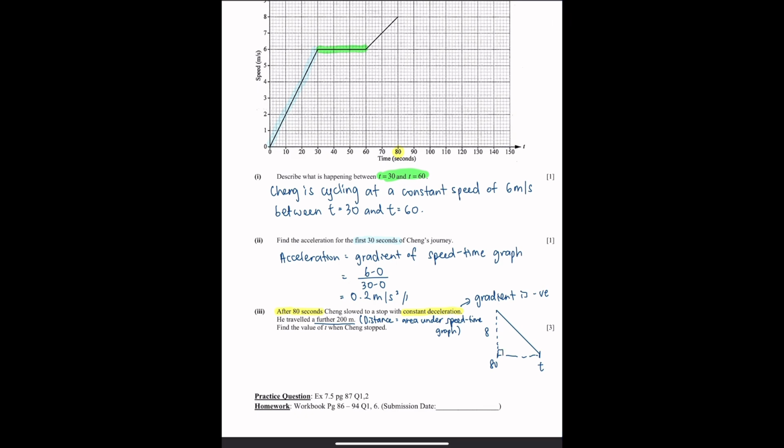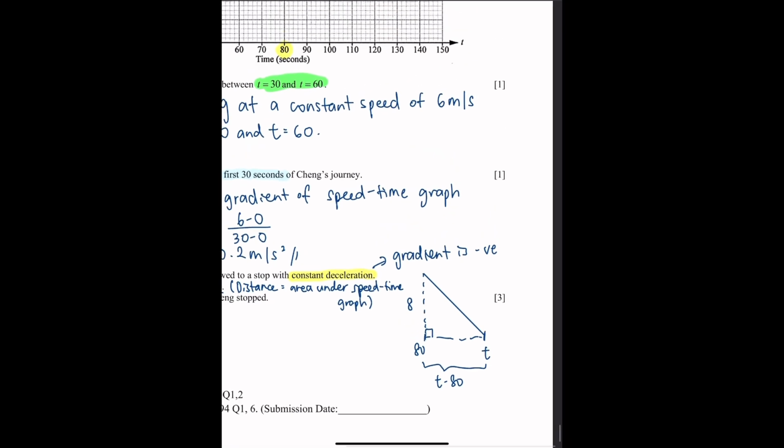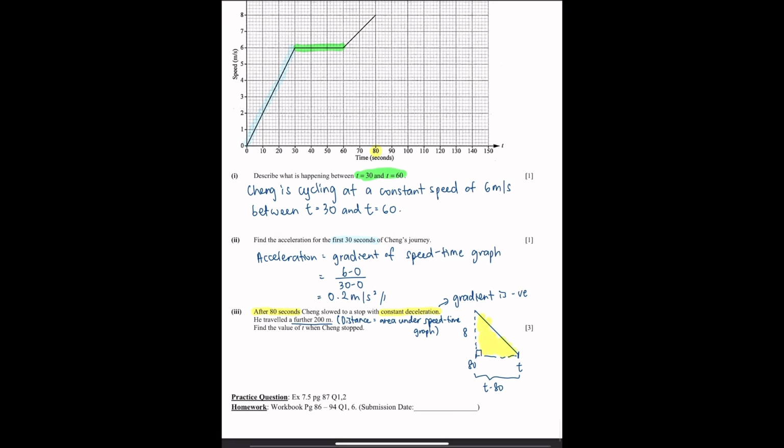Okay, if you notice there is a right angle triangle here. This length will be t minus 80. So if you notice, because distance is the area under the speed-time graph and the area here is a triangle, let me just write here, area under graph is equal to the distance, which is 200.